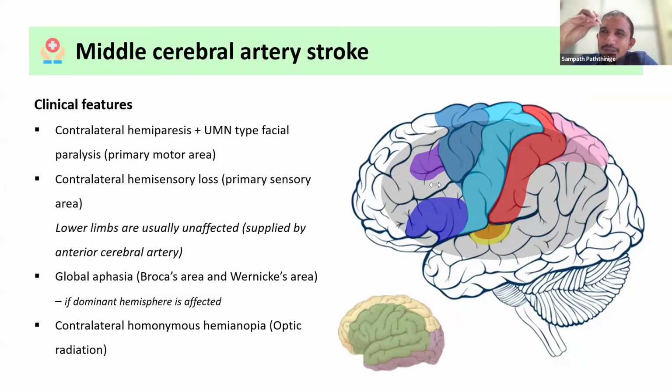So when we talk about the optic radiation, that region is mainly from the superior branch, right? Not from the inferior branch. Thank you, sir. Because it is somewhere here, deep within the parietal lobe. So that is about the middle cerebral artery stroke.